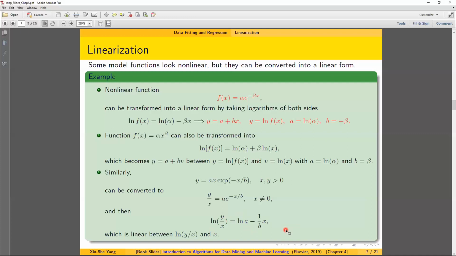And then we say that log of y over x has a linear relationship to x. And here, log f(x) has a linear relationship to log x. Basically, I'm saying log y has a linear relationship in terms of log x in this example. So this is called linearization.